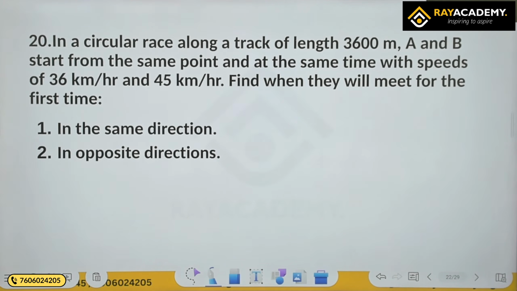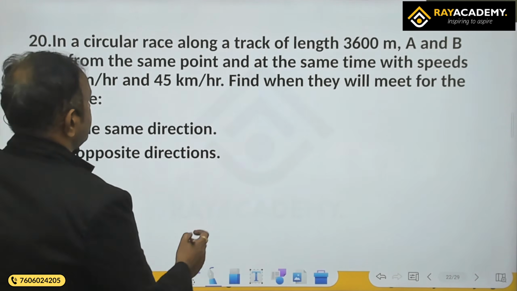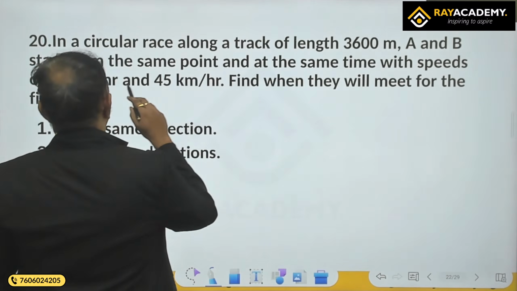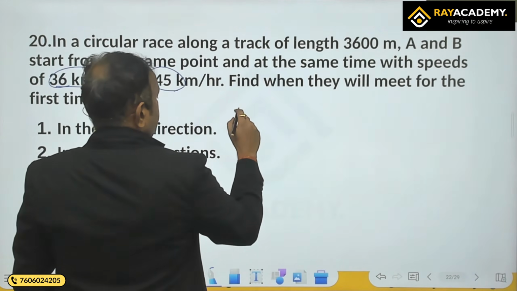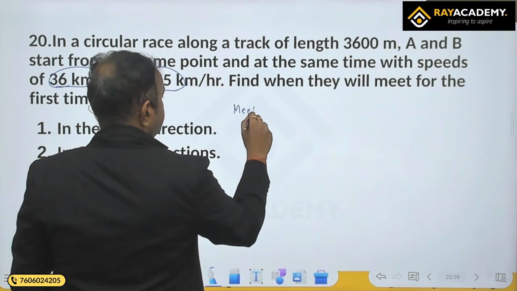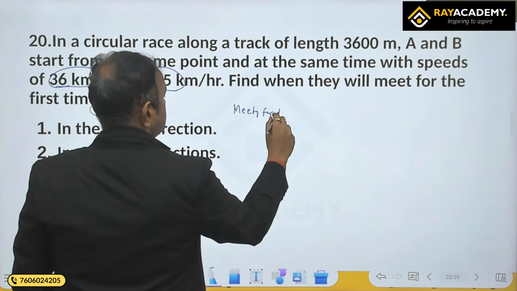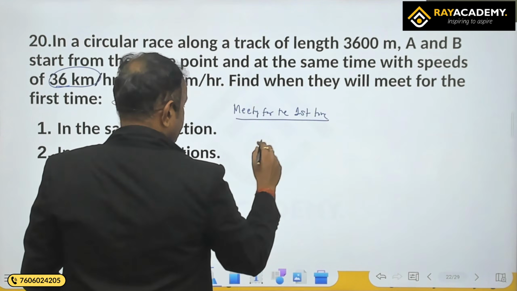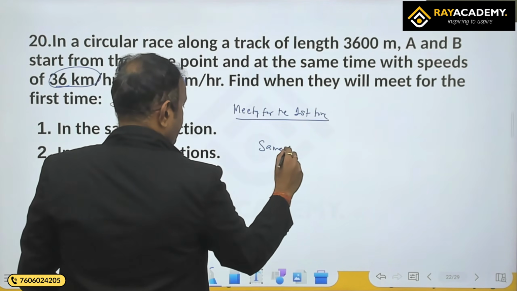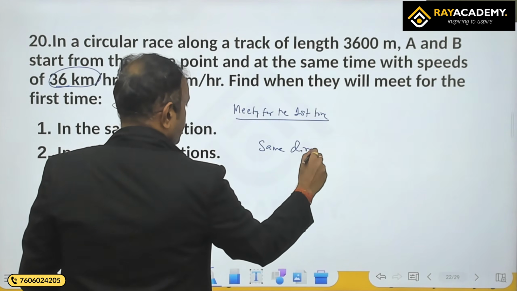Find when they will meet for the first time, in the same direction and in the opposite direction. Which formula will we use? Same direction by one formula and opposite direction by another formula.